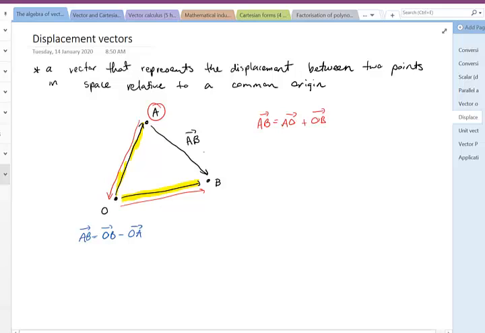Now to put this in the same form, AO is the opposite vector to OA. So the opposite vector will be negative OA plus OB. And if we rearrange this, we put OB first, OB subtract OA. Then that gives us our definition of our displacement vector.